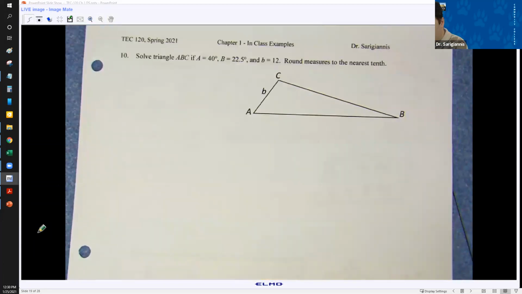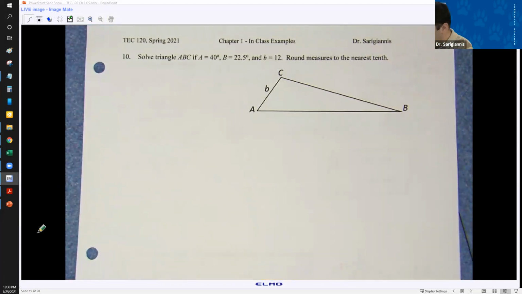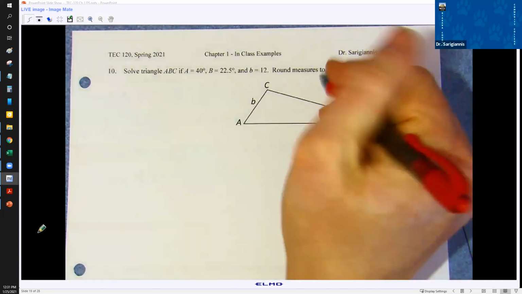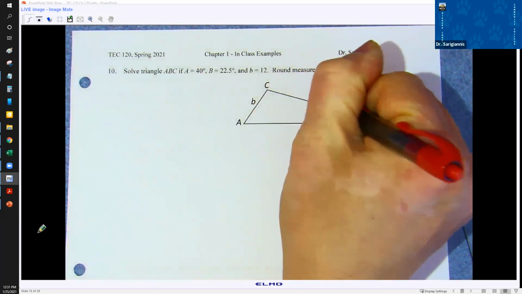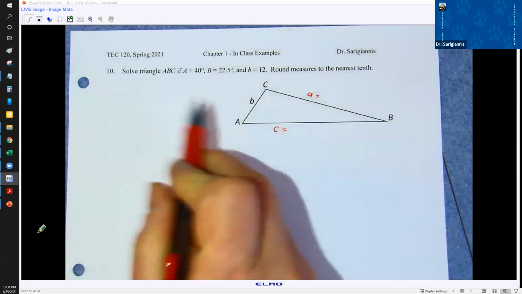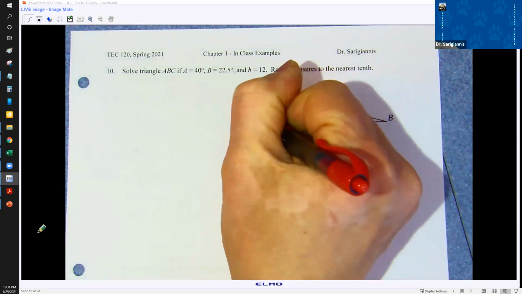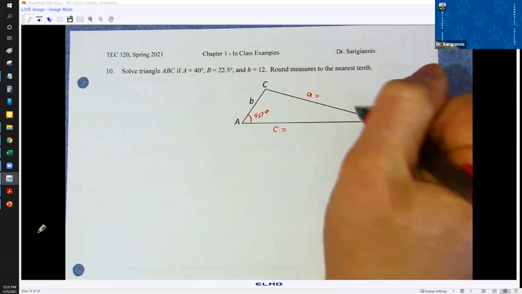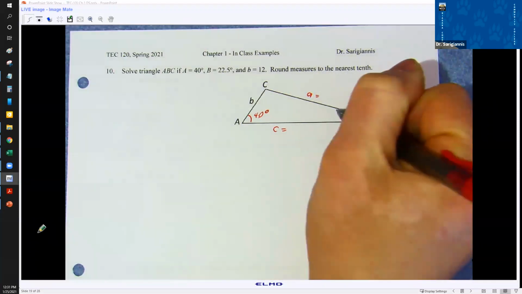This is also law of sines. This should be pretty straightforward. The only thing here is that we got to label everything, right? Solve the triangle ABC. Oh, I didn't put any other letters. Well, I'll put letters here now. A equals, C equals. All right. A is 40 degrees. B is 22.5 degrees.